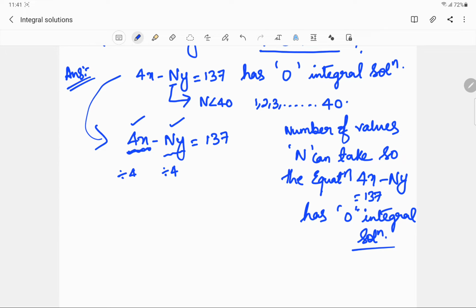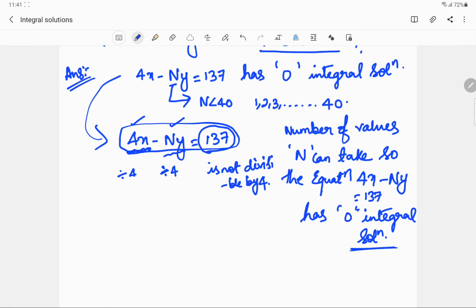Then the right side should also be divisible by 4, but this particular value 137 is not divisible by 4. So that means we should keep the values of n in such a way that n is a multiple of 4. Only then for this particular equation we will have zero integral solutions as given in the question.